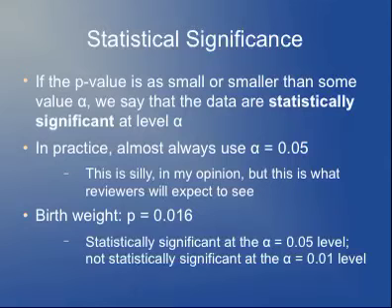Does that make sense? The specific alpha you choose determines if the data you collect is statistically significant or not. So this alpha is kind of arbitrary. It's just something that's decided beforehand, but usually 0.05 is the cutoff point.